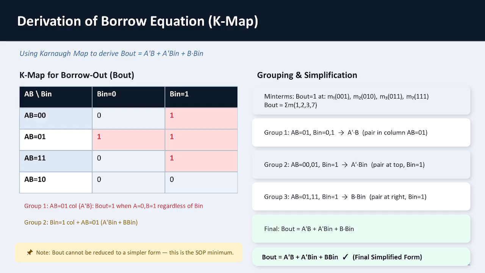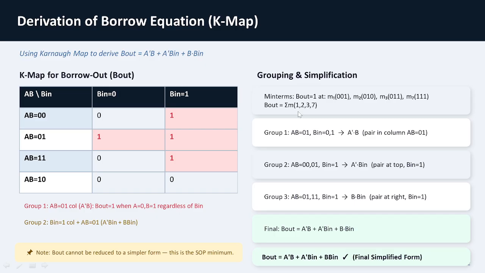Look here. We also tried to derive the Borrow equation using a K-map. Here we have a situation where we are getting some adjacent ones. If you get adjacent ones, first you need to break down the minterms from the truth table.